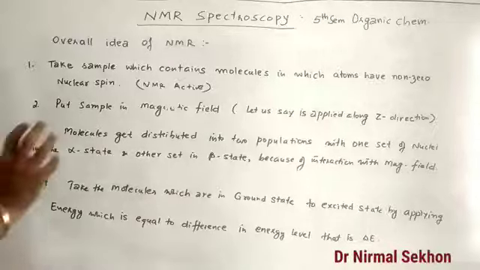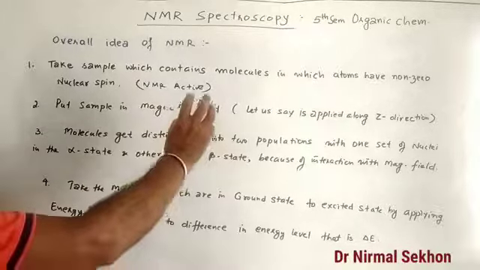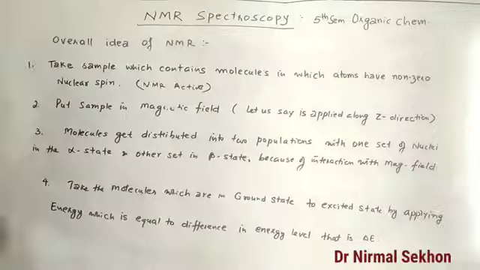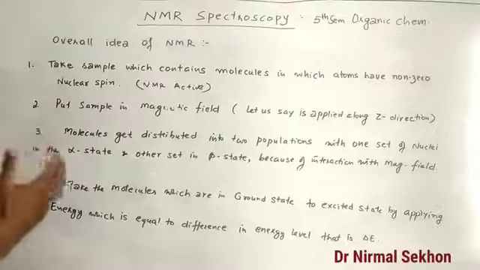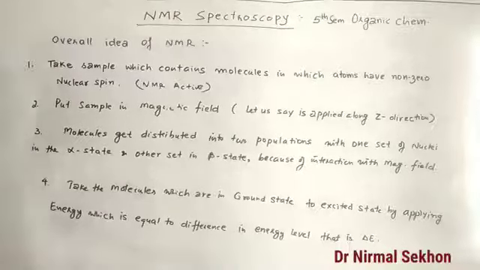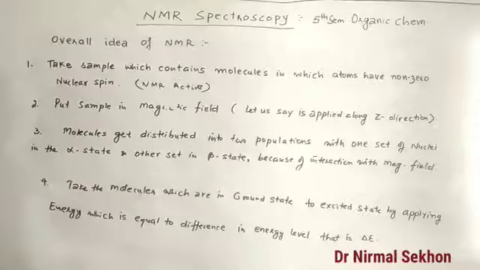Every molecule in a sample has a number of protons, and every proton has its own magnetic field because of its charge. That magnetic field of the protons interacts with the external magnetic field, and as we have studied, there are two possible spin states, alpha and beta.